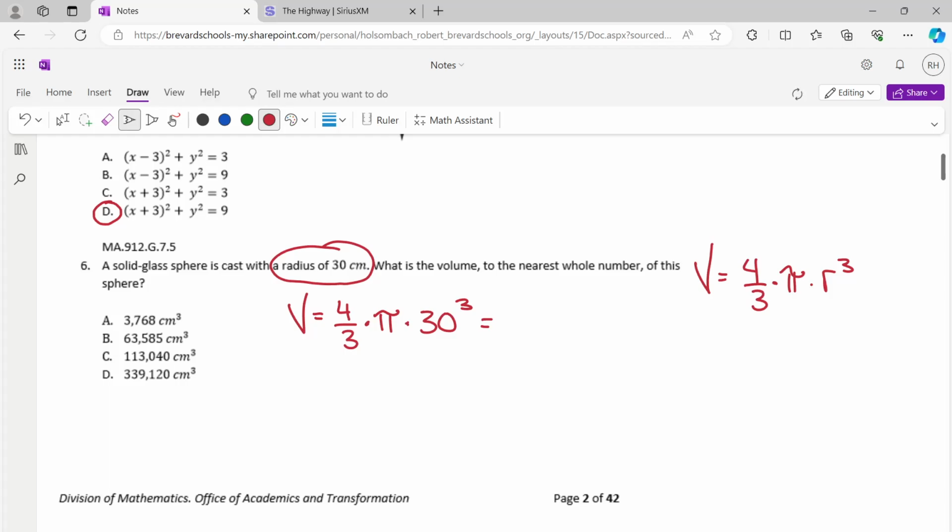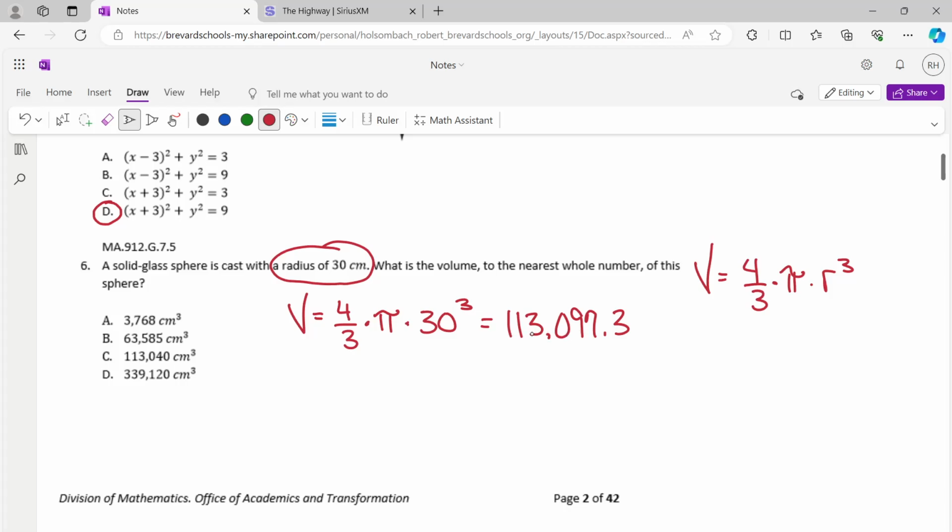So times pi button times 4/3 equals, I get 113.097.3.